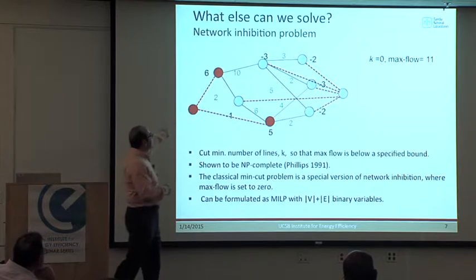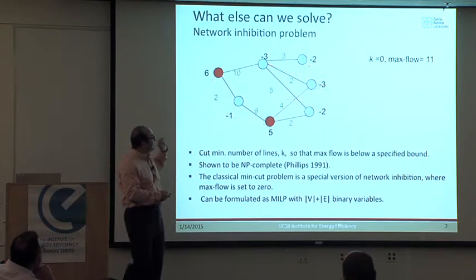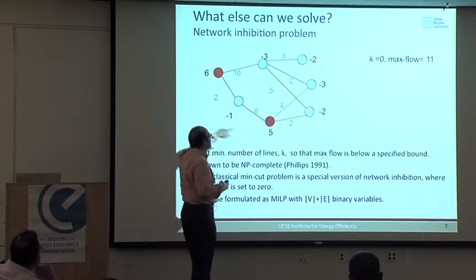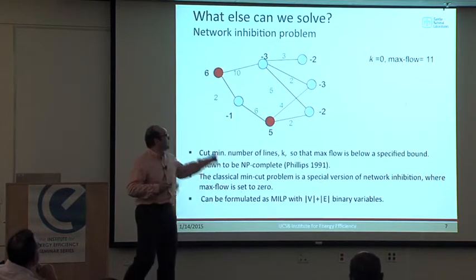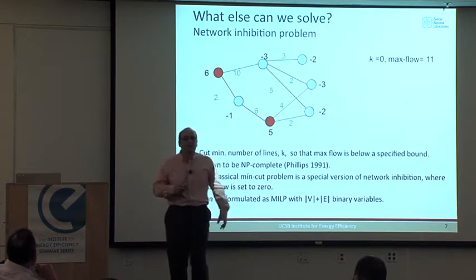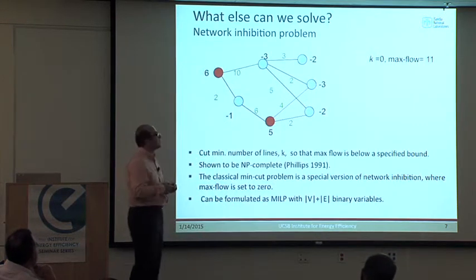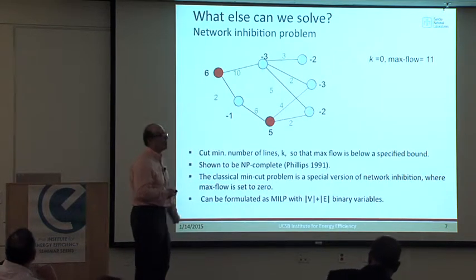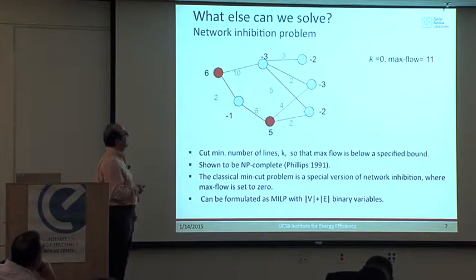For now, this source and terminal, I will remove them because it's just a matter of notation. You don't need to explicitly have them. So my red nodes will be my generators, and the blue nodes are my consumers. So these numbers, the minus means there's consumption on those nodes. And if I want to attack this system, the original system, without removing any lines, the maximum flow is 11.